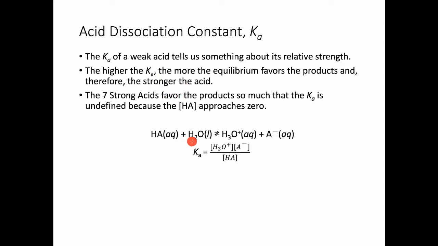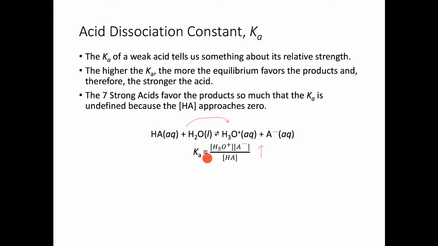Now remember what the definition of a strong acid is. A strong acid is one that dissociates more, produces more hydrogen ions, right? Essentially what that means is that the stronger the acid, the more it favors the products. Therefore, the value of Ka will be higher and higher for those stronger and stronger acids. So the stronger the acid, the higher the Ka.